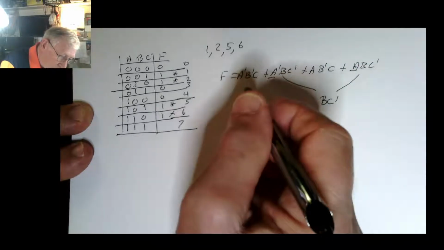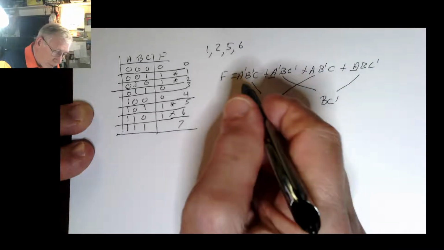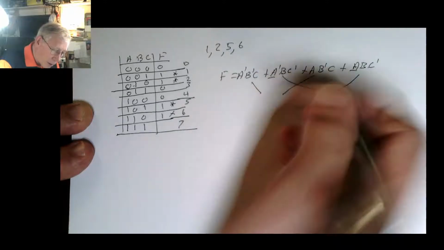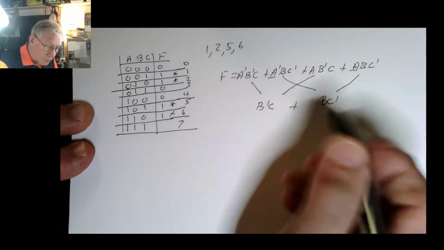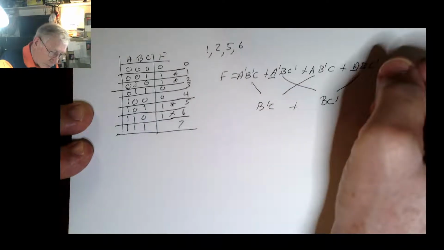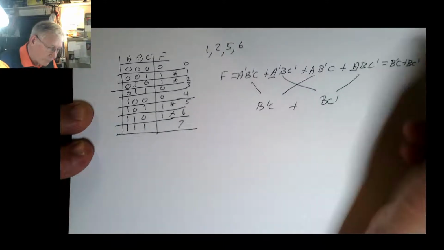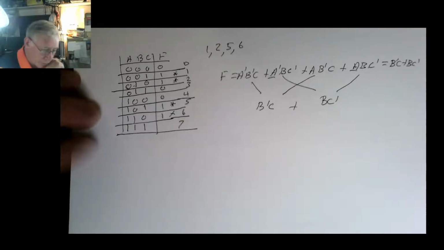And then we can have these two, A prime B prime C and A B prime C, so the A can drop and we get B prime C. So now our final solution is F equals B prime C plus BC prime. And it turns out that's actually an exclusive OR gate with inputs B and C, interestingly enough.